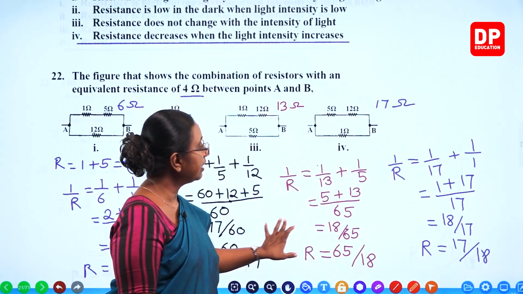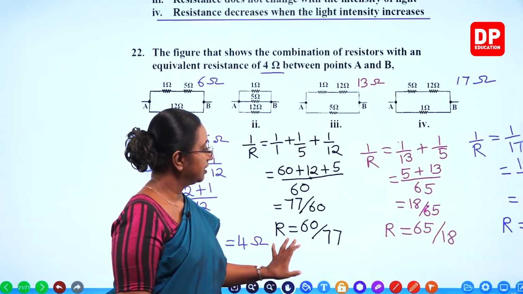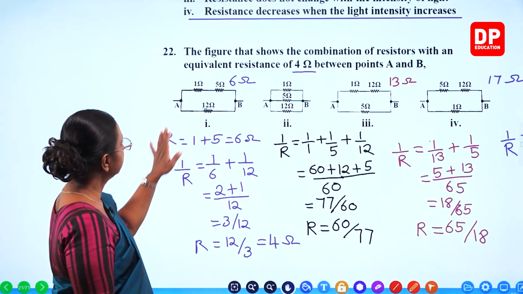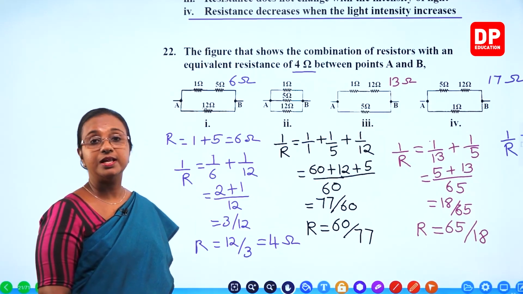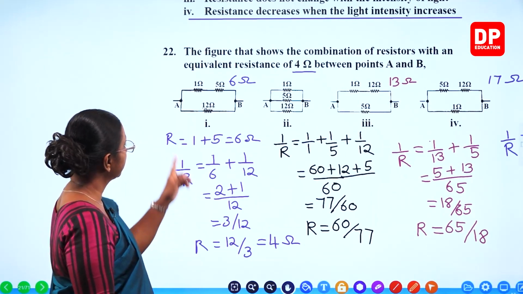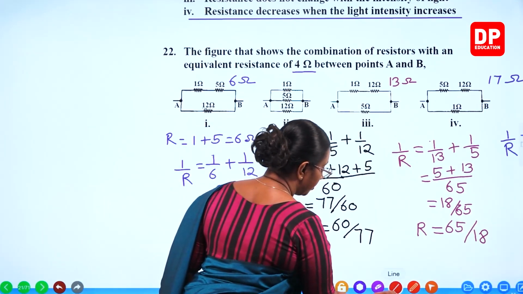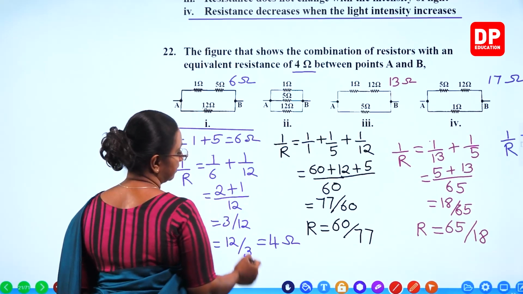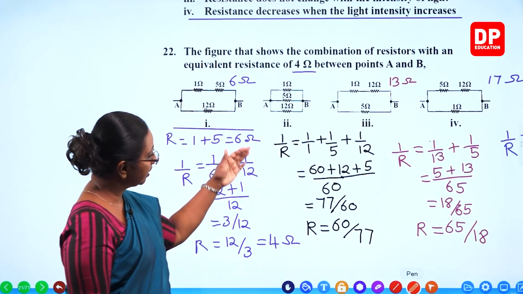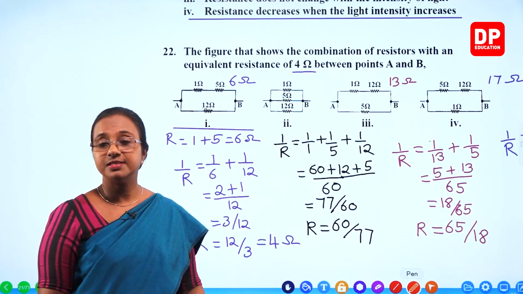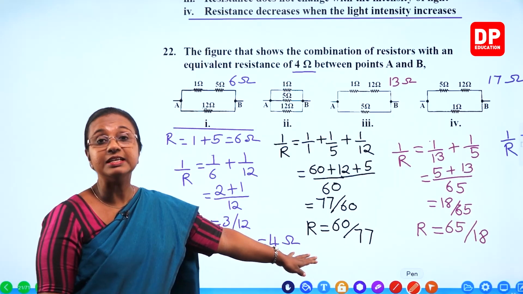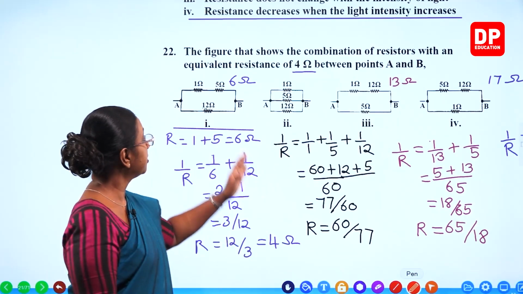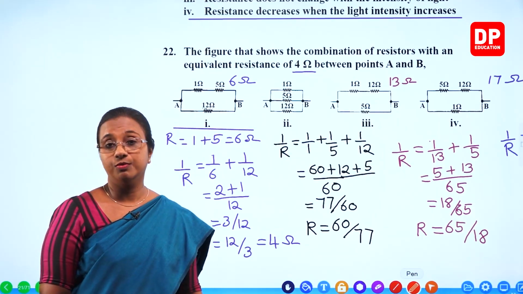So if we look at all the calculations, the first circuit has an equivalent resistance of 4 ohms. That is our question also. So here the answer is the first one. But we did calculate all the other equivalent resistances, but I didn't get the decimal values because from the value you can see they are not equal to 4 ohms.